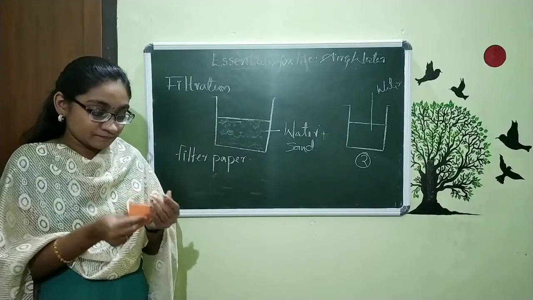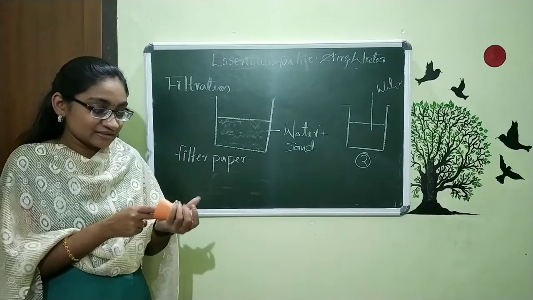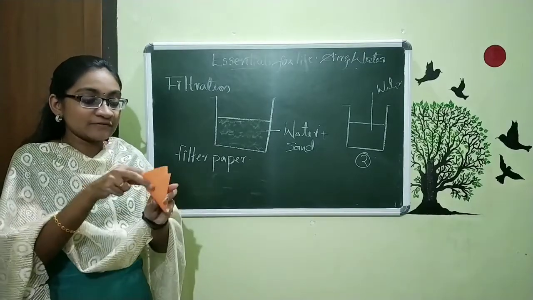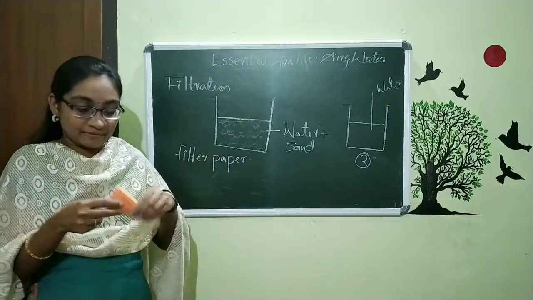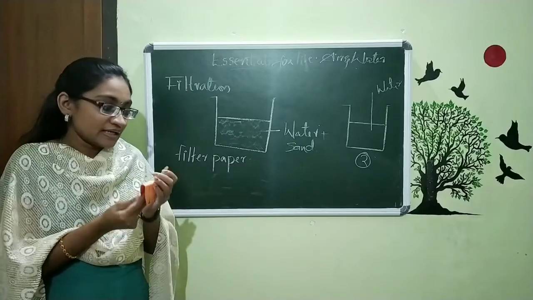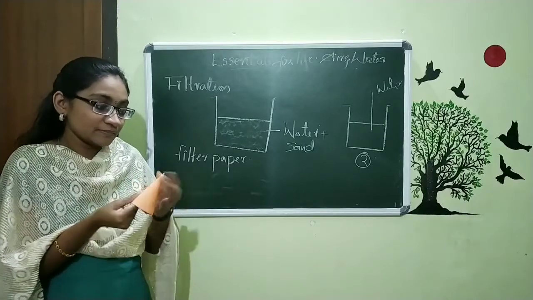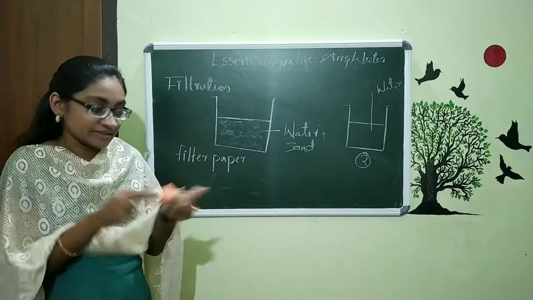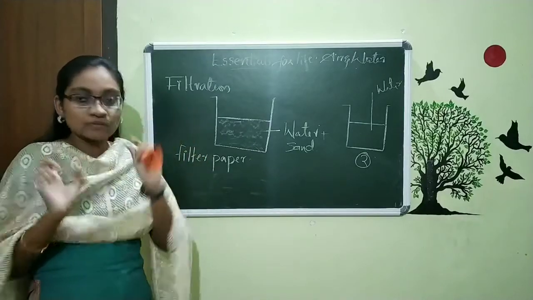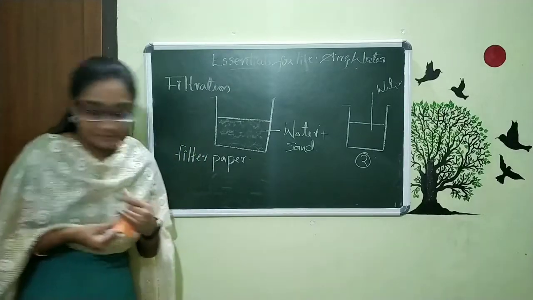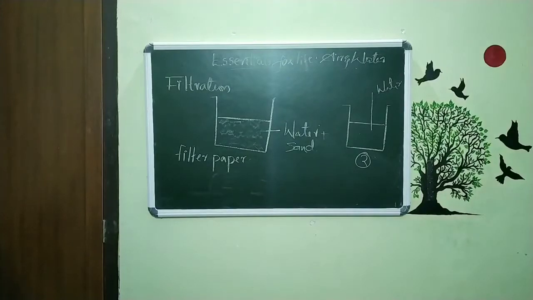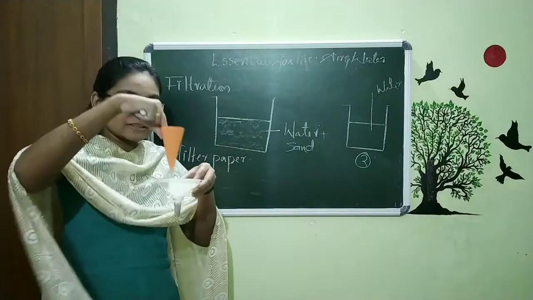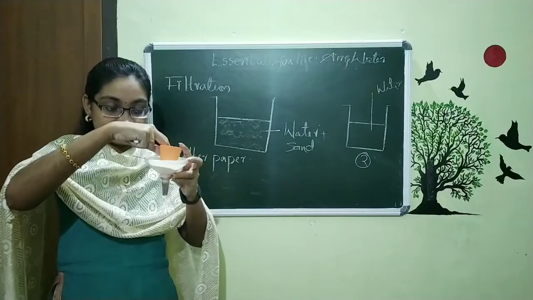Now you can see this is a cone. I made one cone using the paper. I want to make this cone with no hole here. So this is the setup for the filter paper. Now take our funnel and put this filter paper inside the funnel.